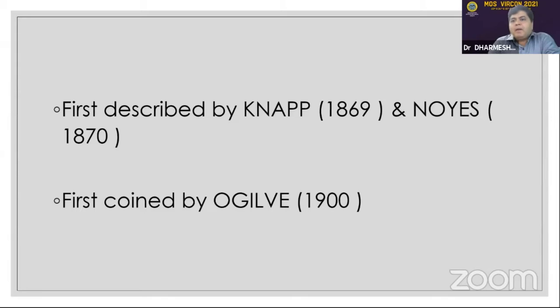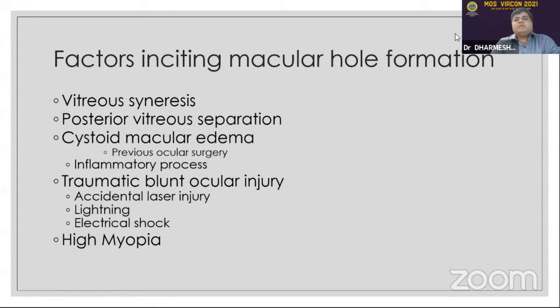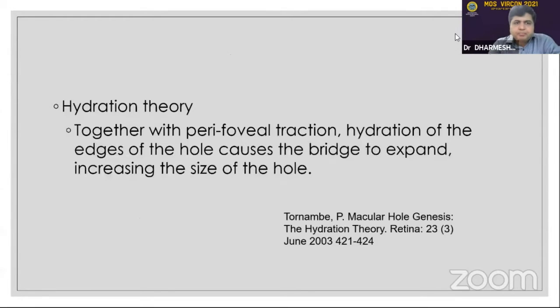It was first described by Knapp and Noyes in 1869 and 70, and the term was coined by Ogilvie in 1900. But the factors for inciting macular hole are vitreous syneresis, posterior vitreous separation, cystoid macular edema, traumatic blunt injury, or high myopia.